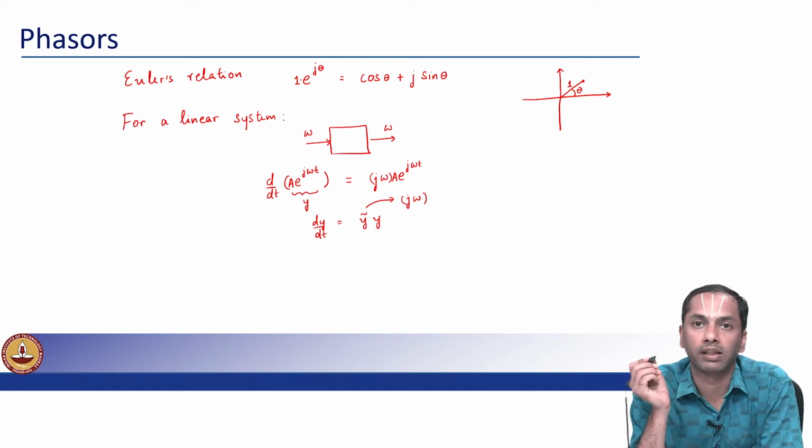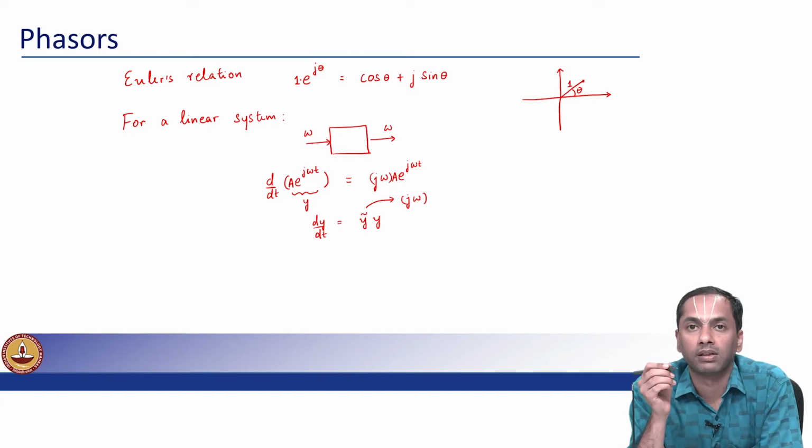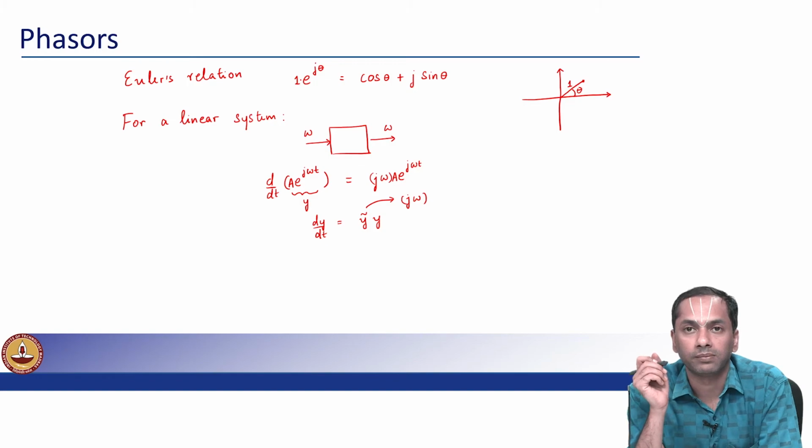So y is a e to the j omega t. You essentially just have the derivative now being proportional to the function itself, and this will be true even for integrations. If you remember the telegrapher's equations that we derived for the transmission line, they were basically differential equations, where you either had to do differentiation or integration.